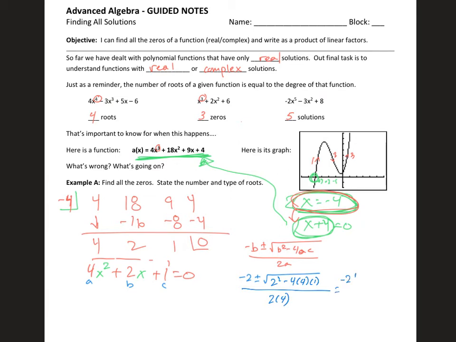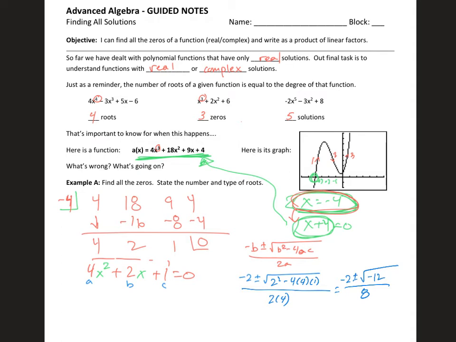That'd be negative 2 plus or minus the square root of, that's 4 minus 16, which is negative 12, all over 8. That should make sense. Hopefully that's gratifying and satisfying based on what the graph looks like. Do I know I'm going to have imaginary solutions? Yes. And do I have a negative underneath the radical? Yes. So I know that I am probably doing this correctly, okay?